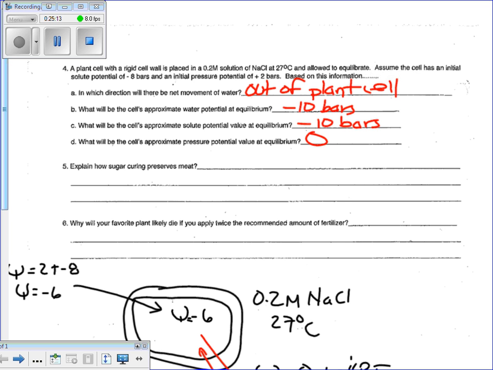We're basically creating what type of environment by adding sugar and salt around the ham? We're creating a hypertonic environment around the ham, which forces the ham to give up its juices, which is good for preserving the meat, because bacteria need moist environments to survive. Why will your favorite plant likely die if you apply twice the recommended amount of fertilizer?